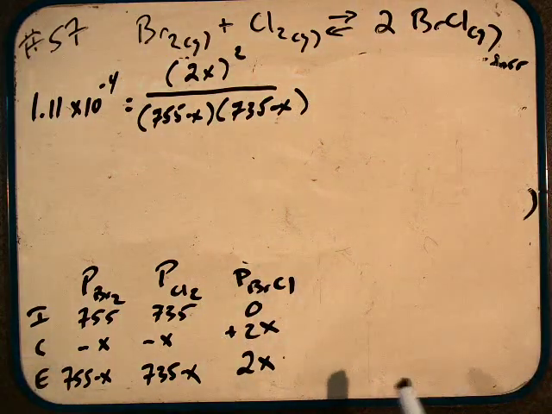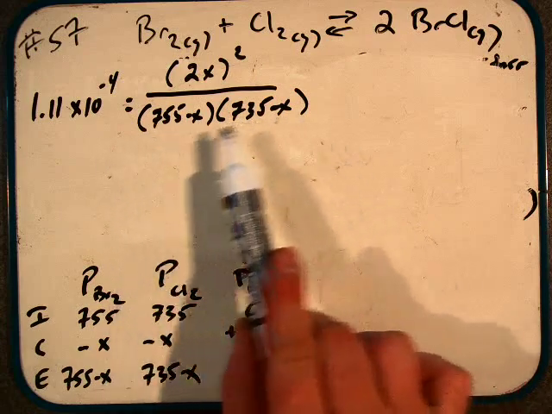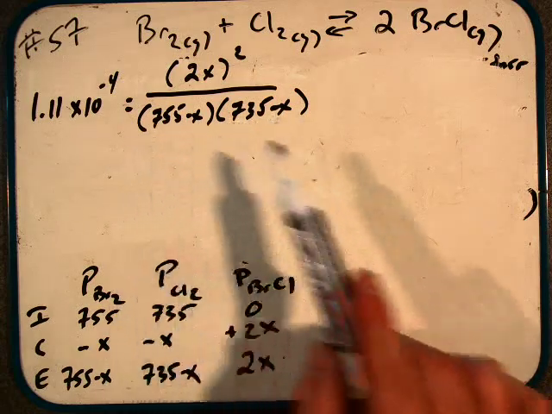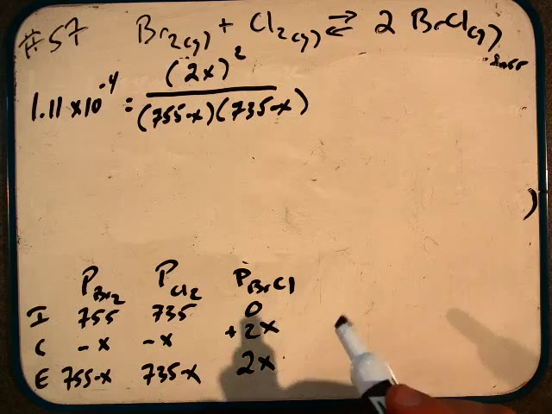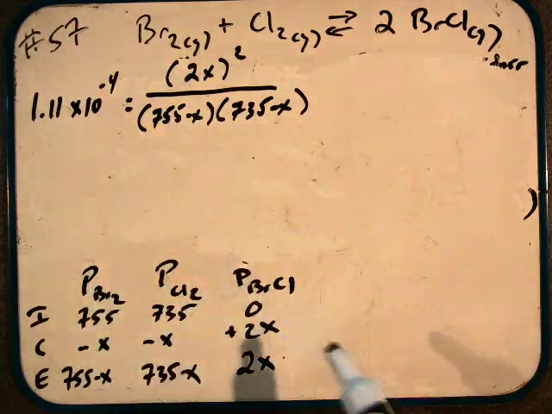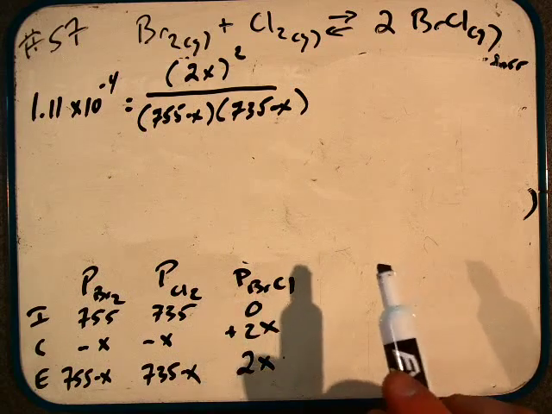And so we have a problem here because if we multiply these two through, we're going to get an x squared quantity as well as an x. We also have an x squared quantity in the numerator, and things can get kind of confusing.